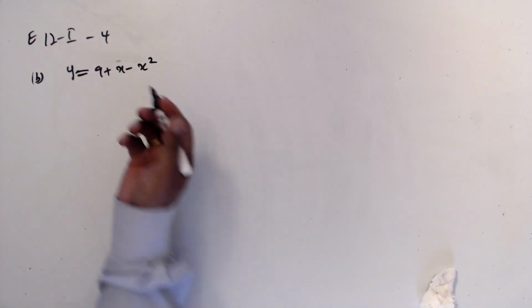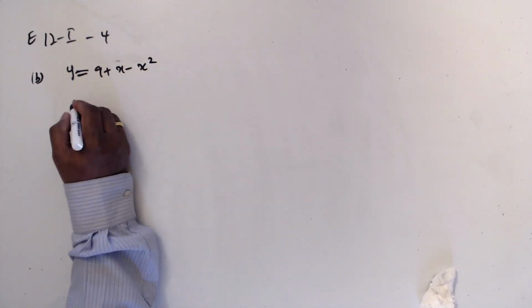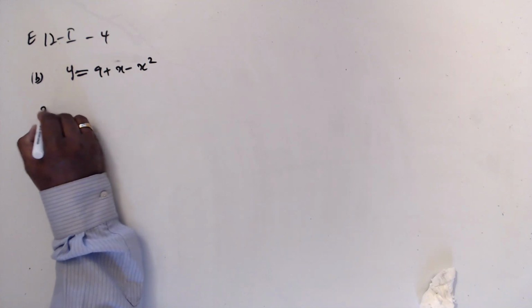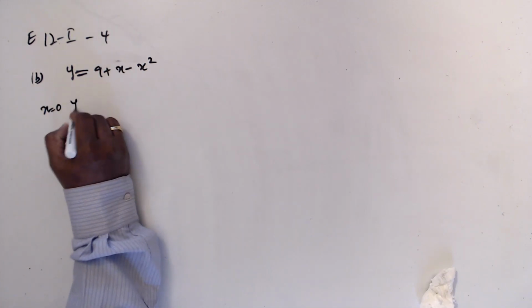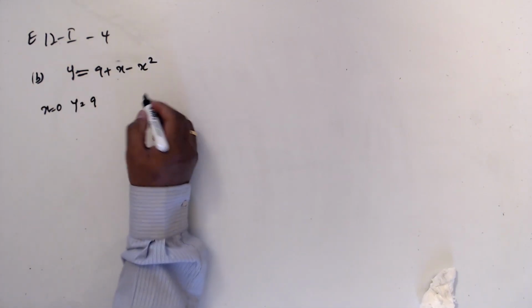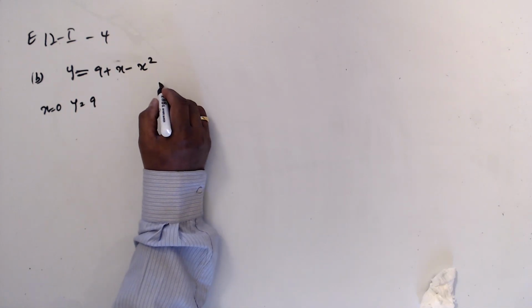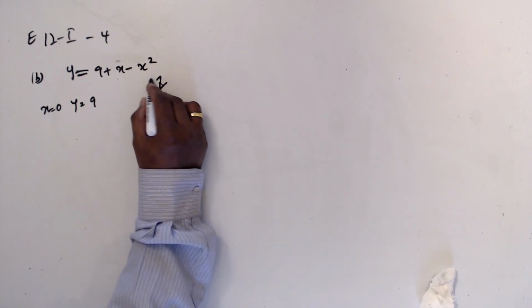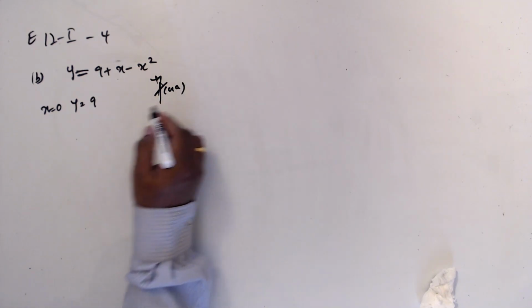Part B: when x equals 0, y equals 9, so the graph will cut the y-axis at (0, 9).